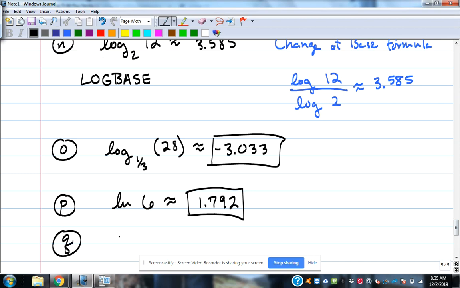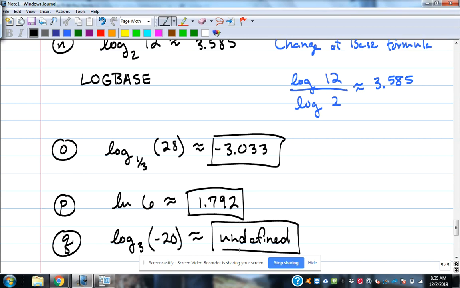And then to reinforce what Emma and I were talking about there. If you have a negative that you're trying to take the log of, that's not possible. There's no way that I can raise 3 to a power and make it turn negative, no matter what the exponent is.